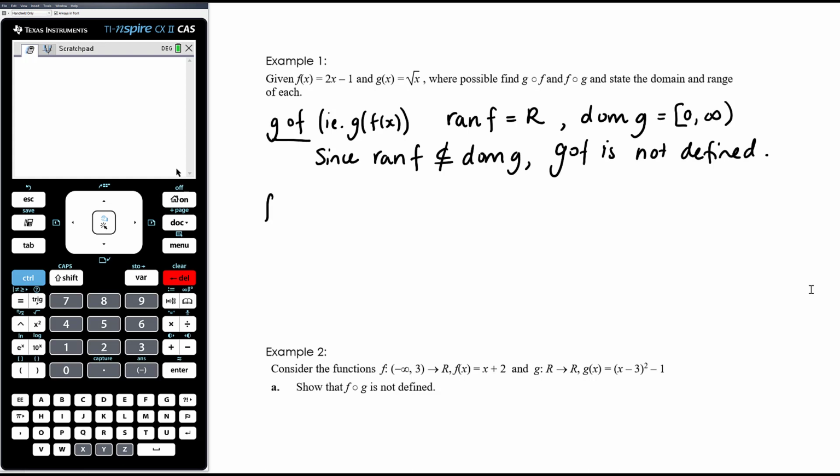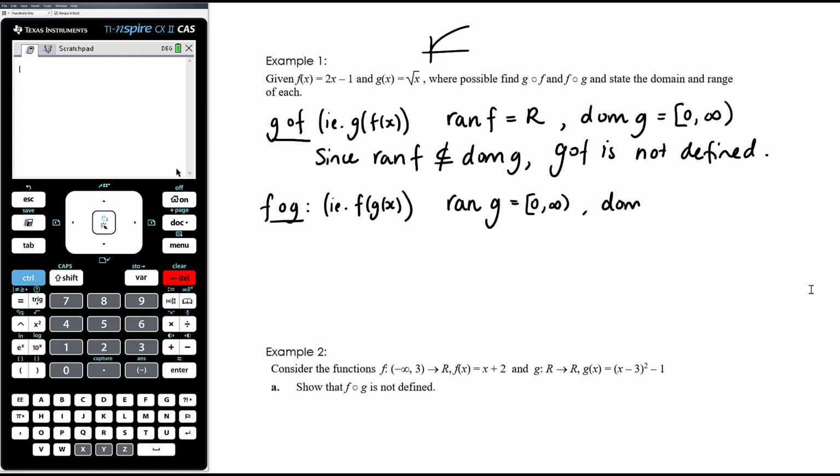Let's now think about fog. Fog is f of g of x. So we want the range of the inside function, the values that spit out. We put x into g, g spits out its range, and then those numbers need to be able to go into f. So we need the range of g to be a subset of the domain of f. So we need to calculate those things. The range of g, now g is a square root function, remember it looks like that, so its range is from 0 to infinity.